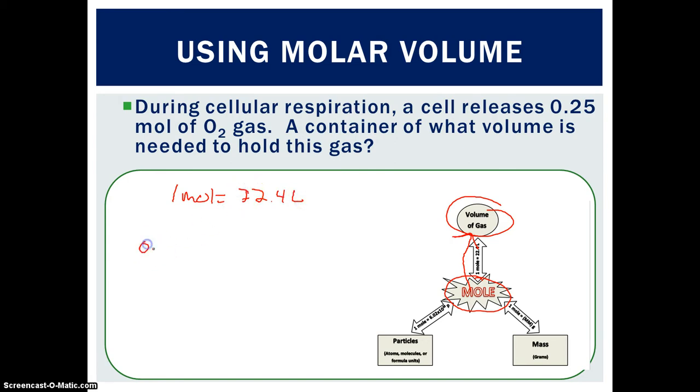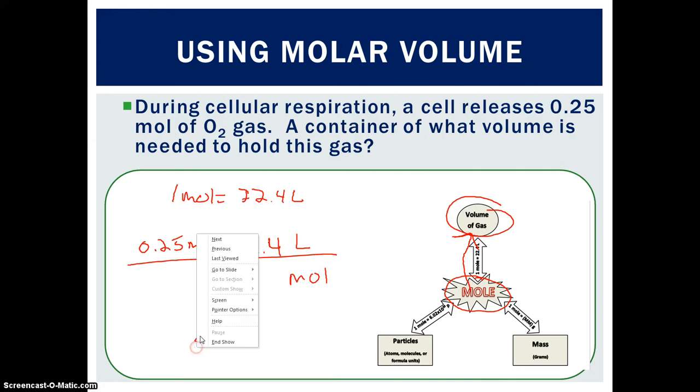If I start with my given, 0.25 moles, I'm converting from moles, so it goes in the opposite corner. And I want volume, so that on top, now fill in with your equality, 1 mole, 22.4 liters. Now plug this into your calculator, 0.25 times 22.4, you get 5.6 liters of oxygen, liters O2.